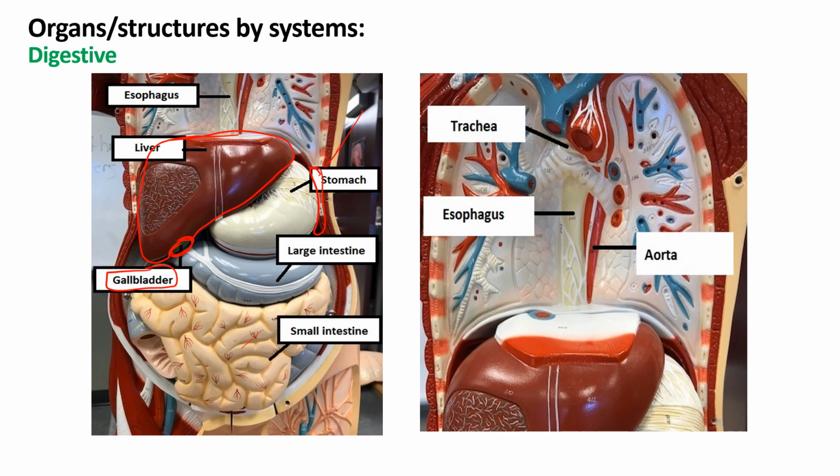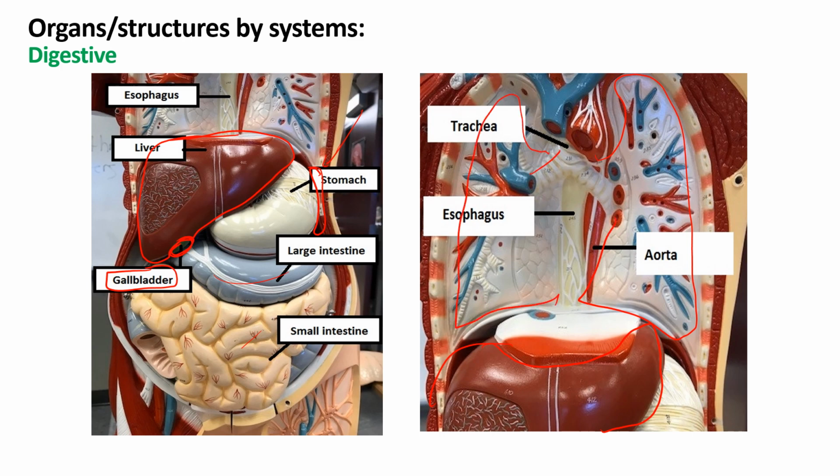Then we have the small intestines and large intestines. You can see the esophagus in the thoracic cavity. Hopefully you can recognize that this is the liver here. So this is the thoracic cavity. This muscle here is the diaphragm, and then these are going to be the lungs. Okay, so we have another lung here.